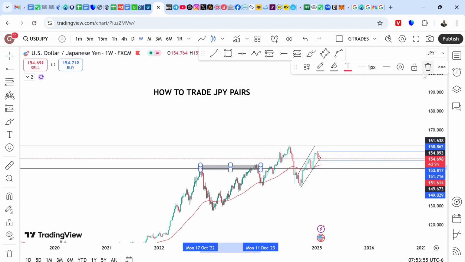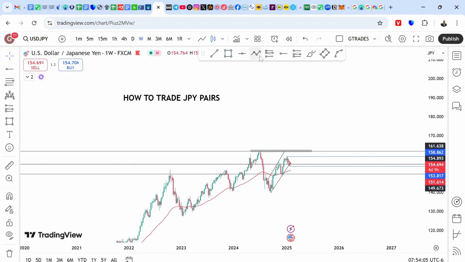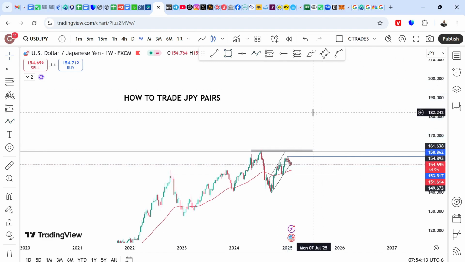If I want to go in as a swing trader right now, I will just look for where to buy and hold my position up to this particular high. Because price still has to come here and break this high, then start creating higher highs, higher lows. Now the level we are at right now is the correction phase.